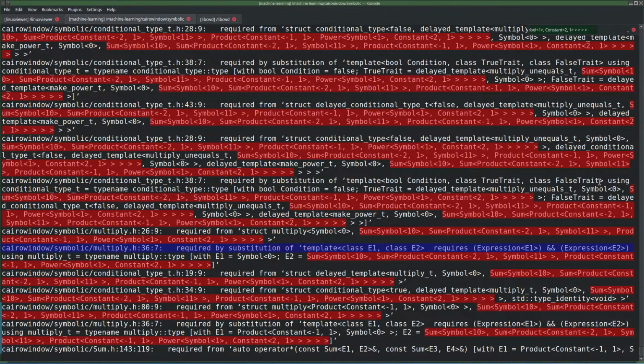Required by substitution. Required from struct multiply. Symbol 0 with that sum. Yeah, well, that's nonsense. So something is horribly wrong in this line. Is this a thing?